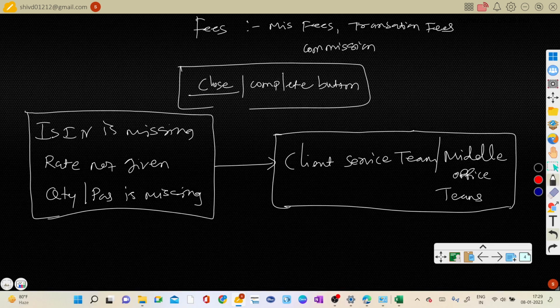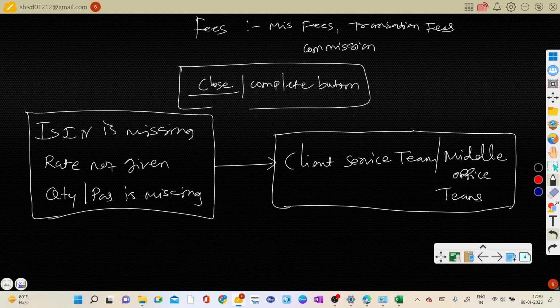Every fund will have a different middle office team, so accordingly you draft an email to them. So this would be your email language, and your job is done.